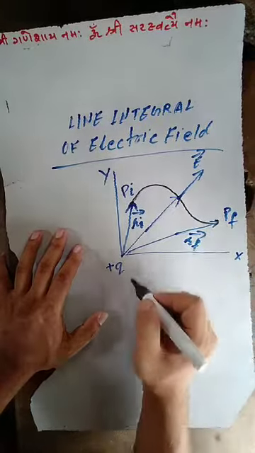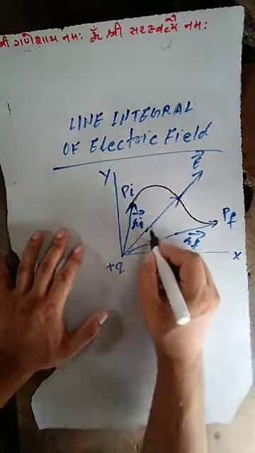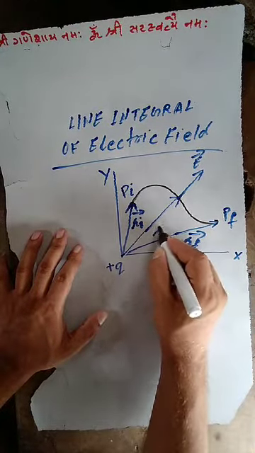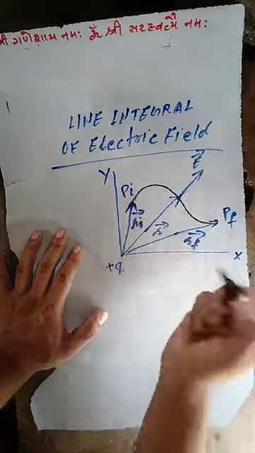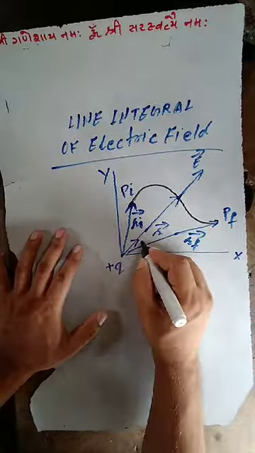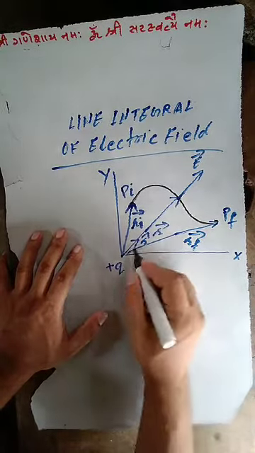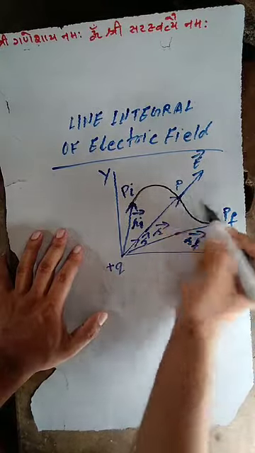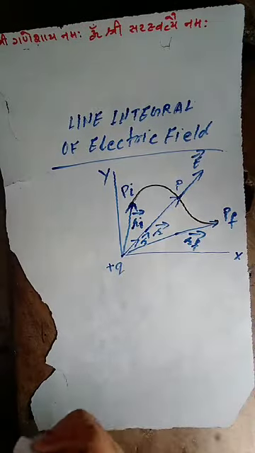Suppose this is your electric field, its position vector is r, and r cap is the unit vector along this. At this point P, we have electric field E.